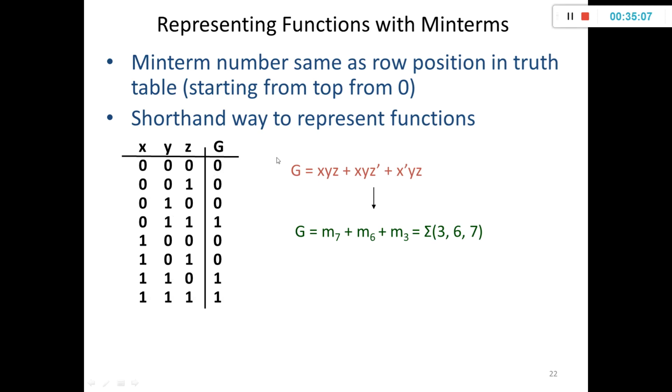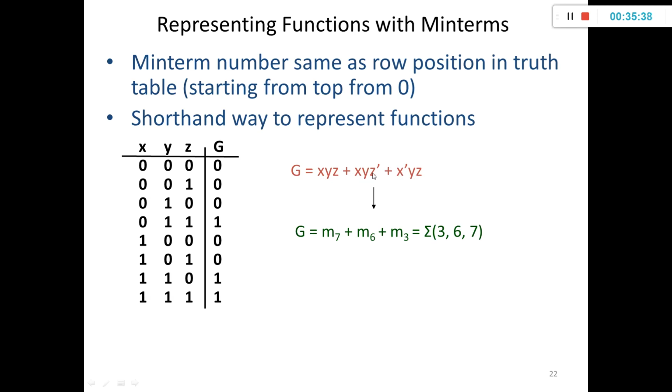So here we have an expression. We have already written the expression G is equal to xyz plus xyz bar plus x bar yz. So what is this? xyz means 111, so that is M7.